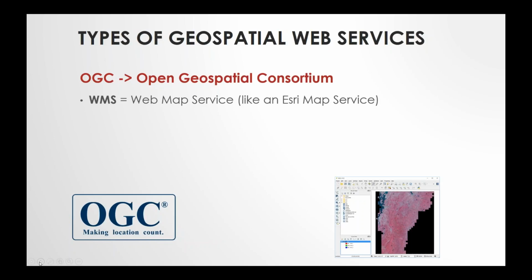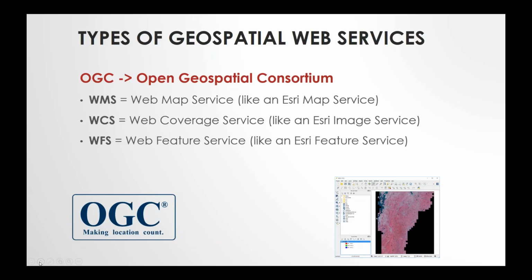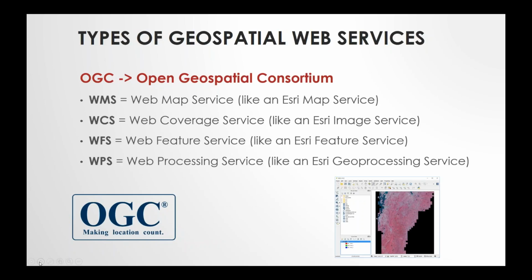So for example, the Web Map Service, what's called WMS, is in many ways functionally equivalent to the Esri map service. The Web Coverage Service, or WCS, is similar to an Esri image service. You have WFS, or Web Feature Service, which is also similar to an Esri feature service.